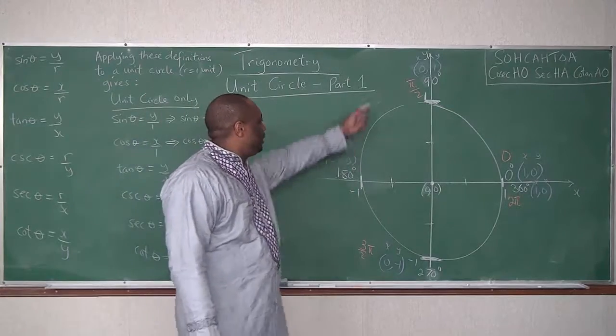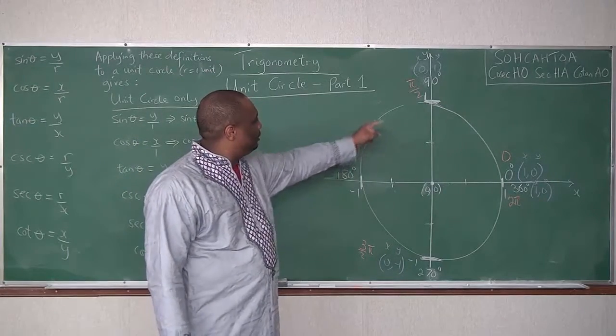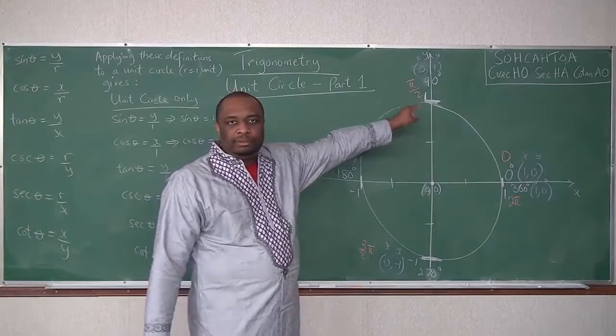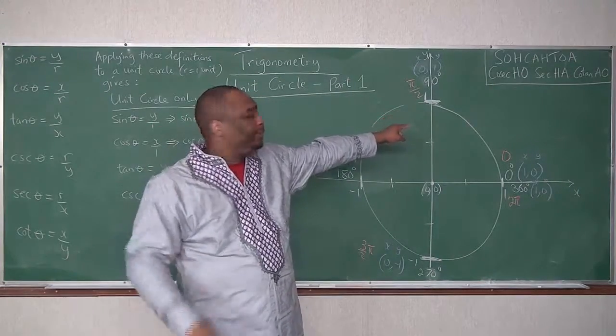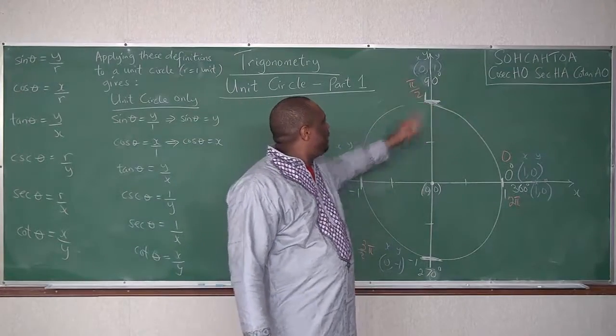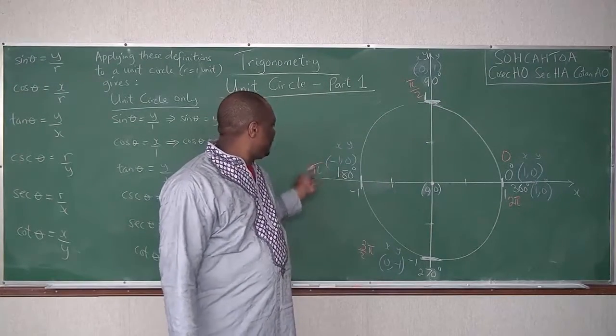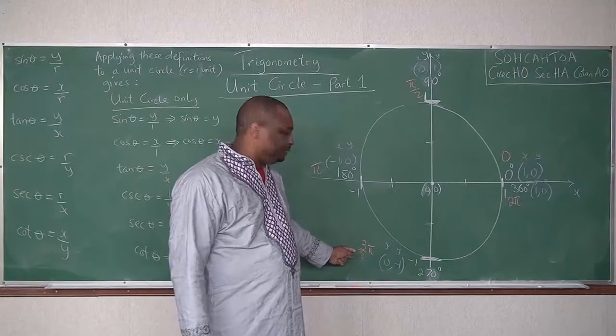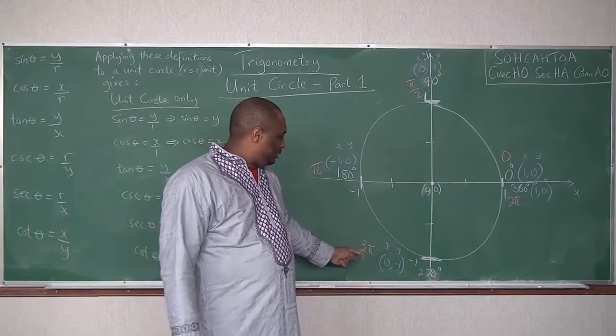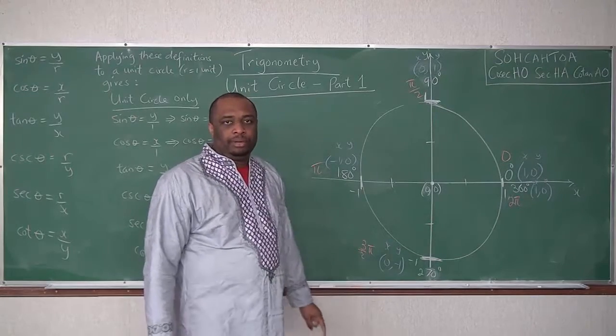So you can have a trick for remembering it. If you add half pi, it is pi over 2 here. Add half pi again is pi. Add half pi again is 3 pi over 2.